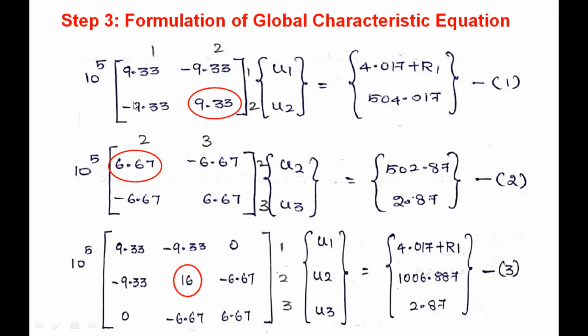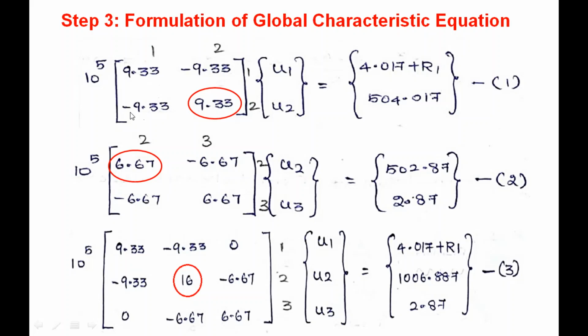So how to assemble this one? We use the node numbers: 1 2 for the first equation, and 2 3 for the second equation. Here, for 1 2 3, 10 power 5 is common, so we take it out. Then 9.33 is taken here for element 1 1 in the matrix, then minus 9.33, and for 1 3 there is no combination, so we put 0 here.